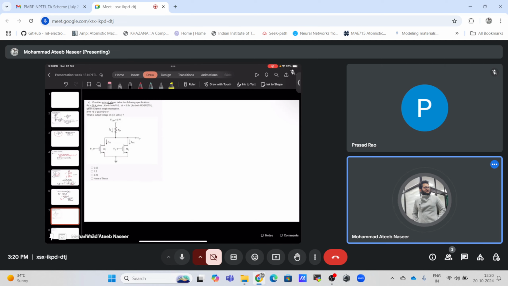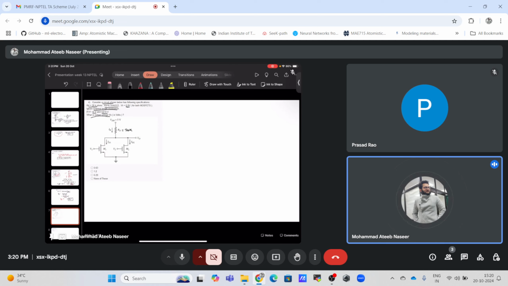This RD is equal to 20K. Okay, and Kn is the conduction parameter which has been given to us. It's 0.1 milliampere per volt square. The threshold voltage is simply 0.8. We have to ignore the channel length modulation, and if V1 is equal to 5 volts and V2 is 0, what is the output voltage?